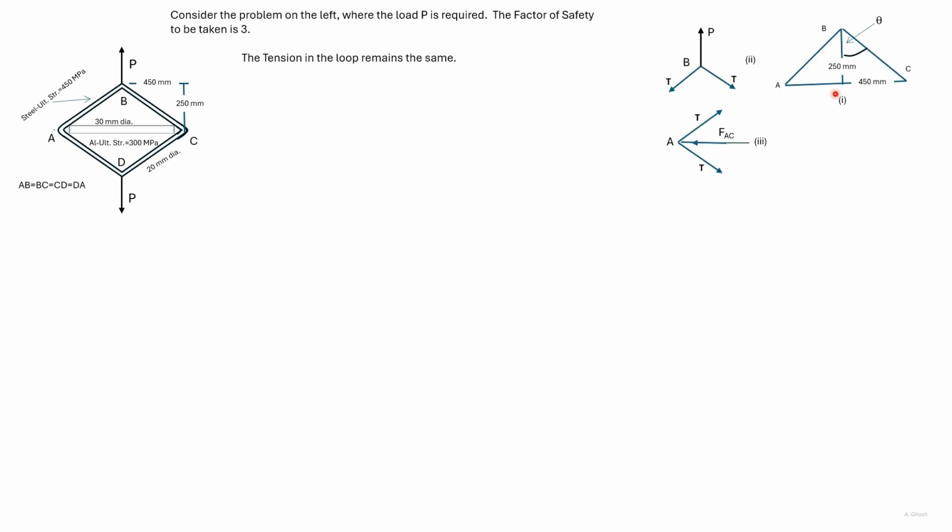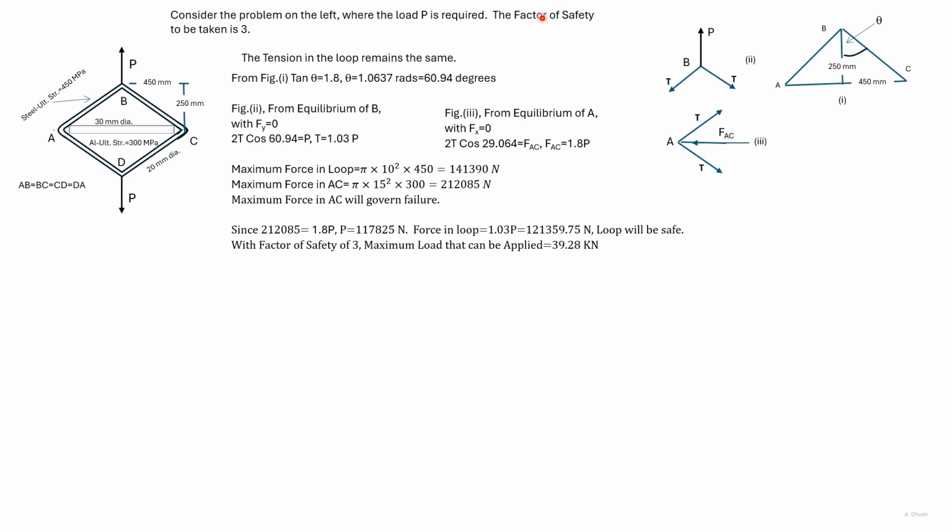So first let us look at joint B. We need to know the angle to solve the joint, and tan theta would be 450 divided by 250, from which we find the angle to be 60.94 degrees. Here we see that 2P cos theta is equal to P, from which we get P is equal to 1.03P.